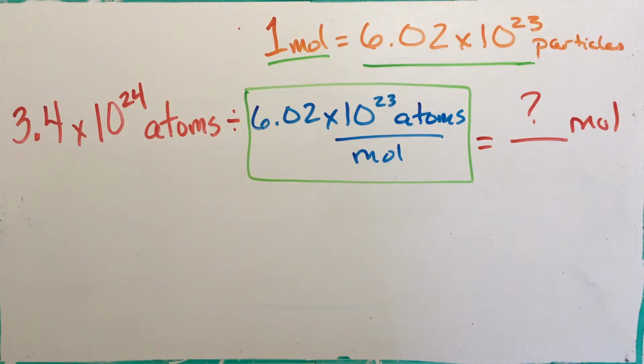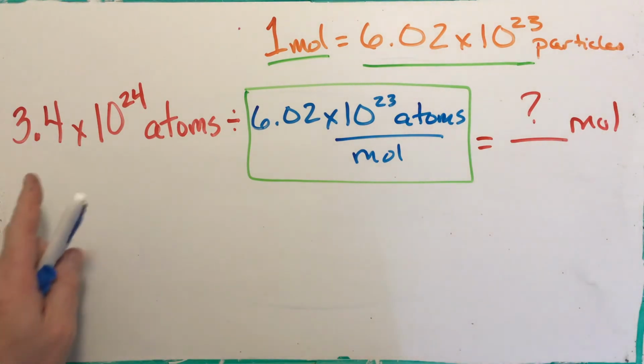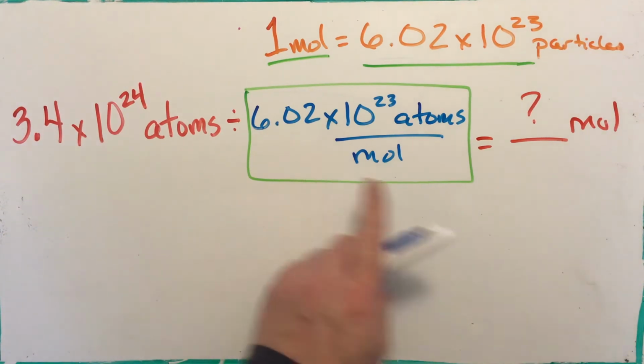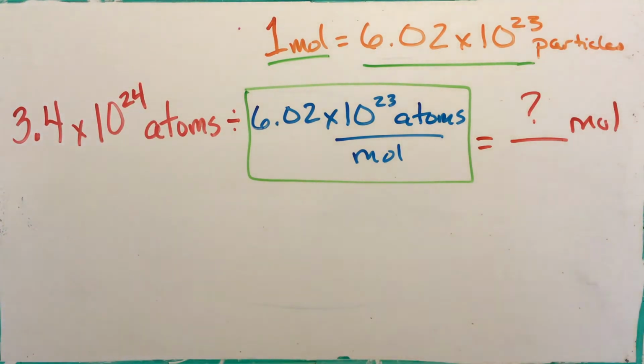All right? So now, on your calculator, your challenge is to put this in, figure out how to do this, and how to do that, and get the answer I'm about to give you.